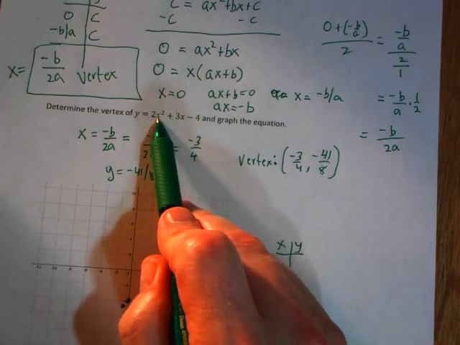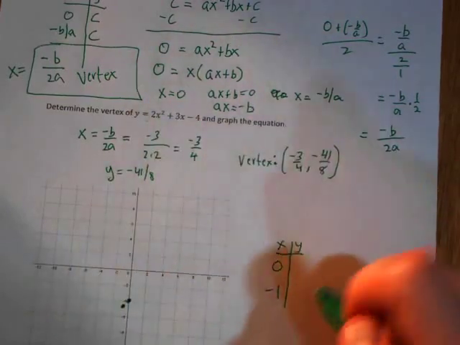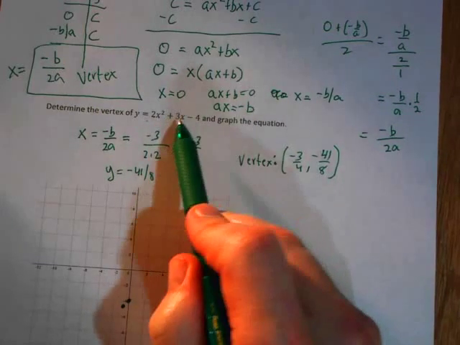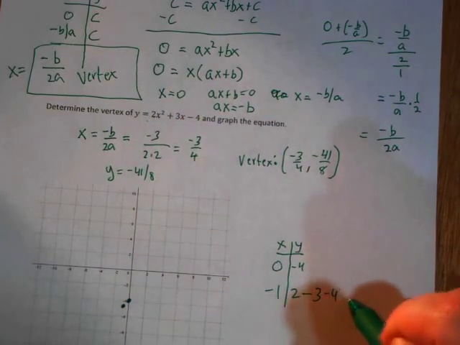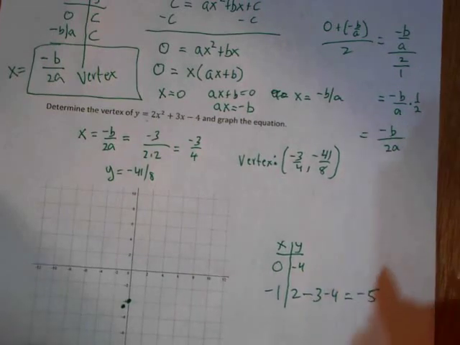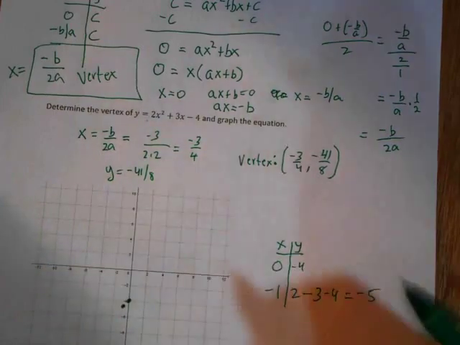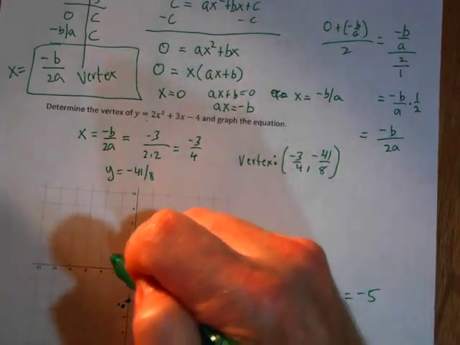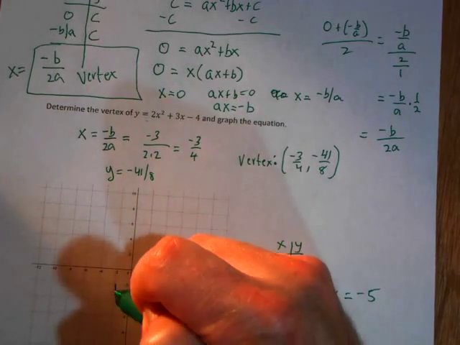Alright, so negative 1 squared is 1, 1 times 2 is 2, minus 3 minus 4, that's 2 minus 7, that's negative 5. So that's really, really close to that right there, at negative 1. But it is a little bit higher, and we can see that our parabola is going to go like so.